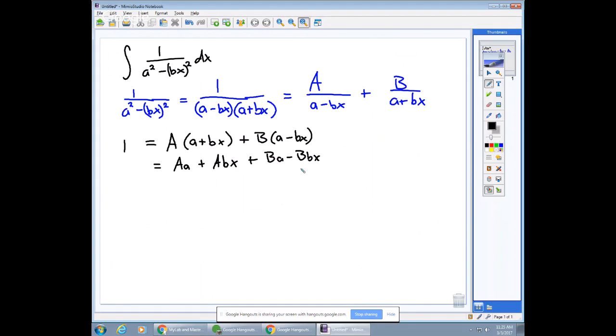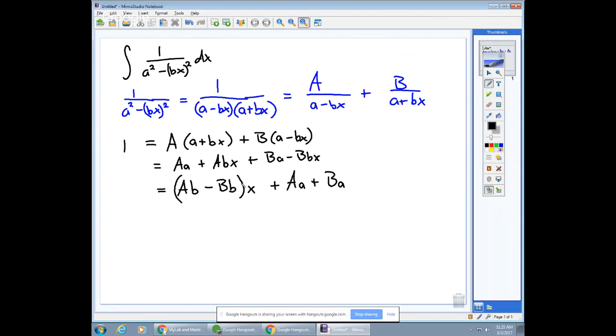And again, case sensitivity. Next thing we want to do is combine like terms, so the x's together have a capital A b and a minus big B b. And then the other two are just big A little a plus big B little a when I bring like terms together.